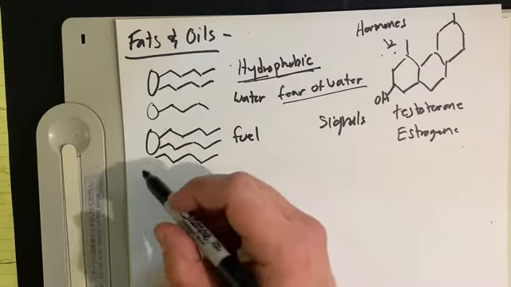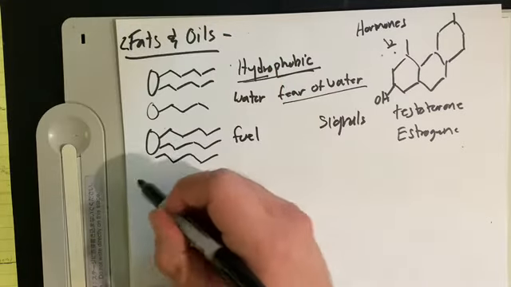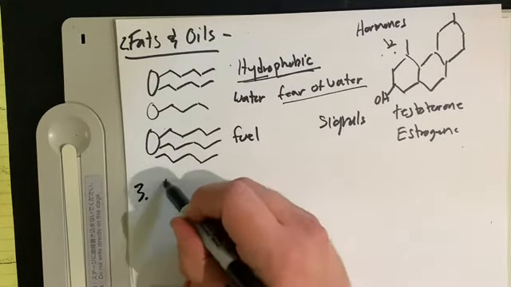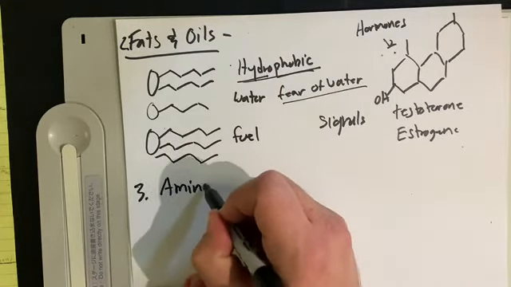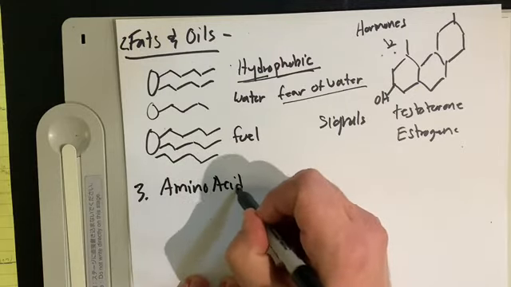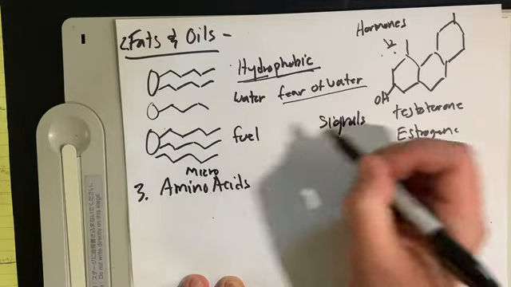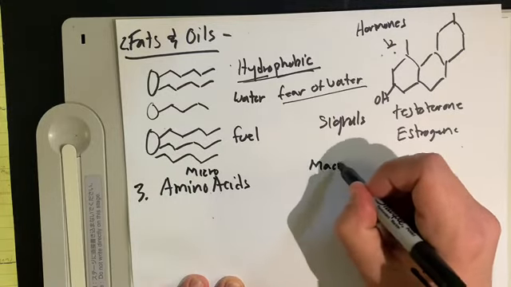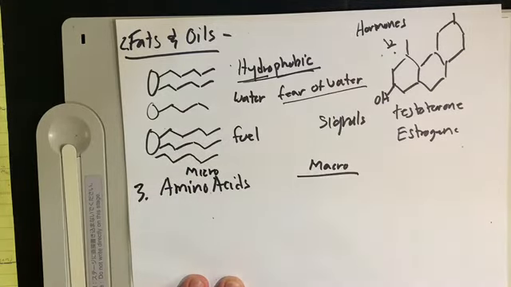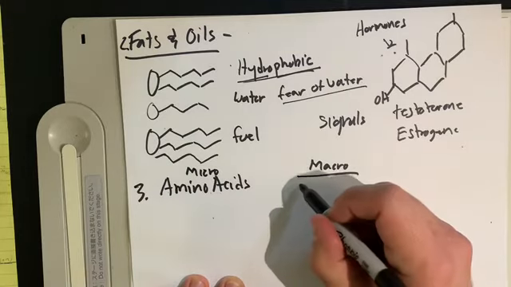Our next macromolecule, so this is number 2, so number 3 is amino acids. And actually, amino acids are the micro, and the macro is proteins.